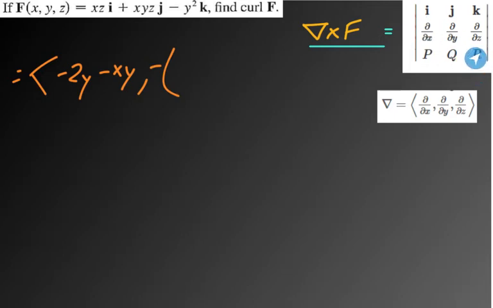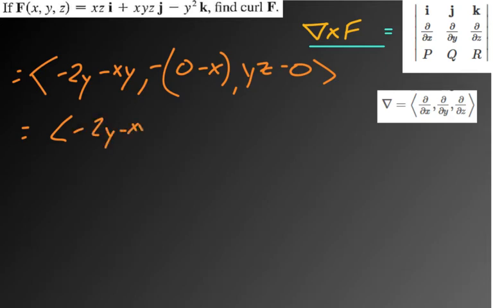So partial of r with respect to x, that's nothing, minus partial of p with respect to z is x. And then last but not least, this is my 2D curl, q with respect to x, where q with respect to x is yz, and then minus p with respect to y is, there's no y's there, so it's 0. So then you get, you can't really simplify the first one, but we could call that second one x, and then yz.